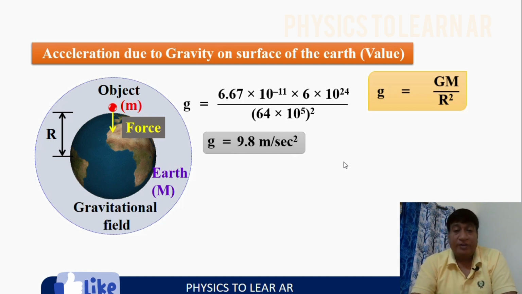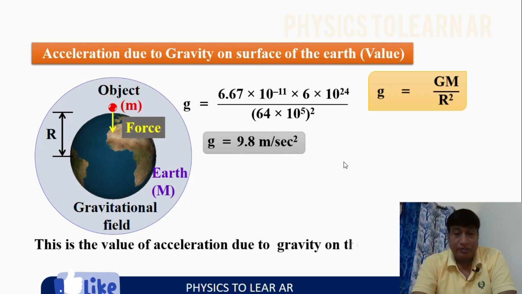If 9.8 is given we can use that, otherwise for calculation we can take small g as 9.8 as the exact value or 10 meter per second square. This value is a constant, but the g value can vary depending upon height and depth. So how is it going to change?